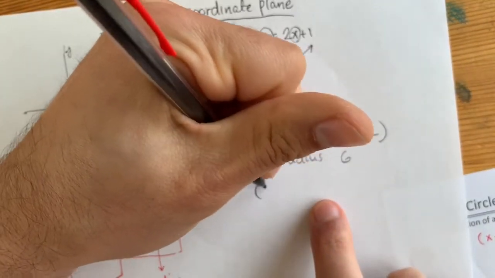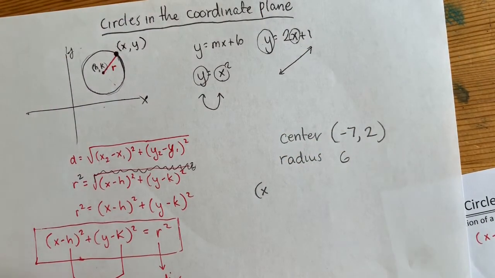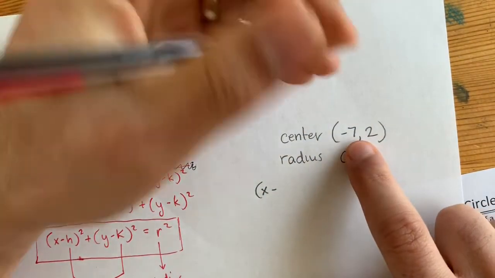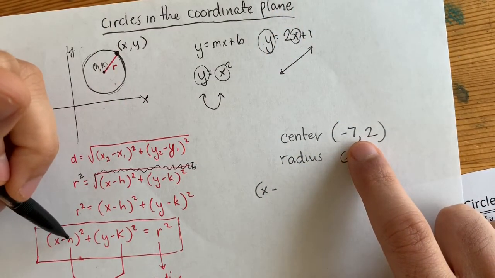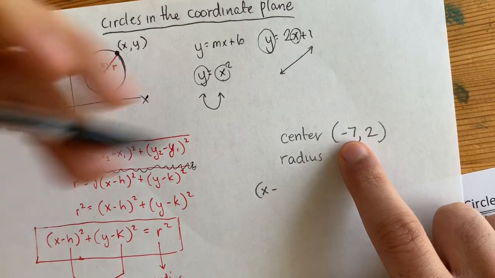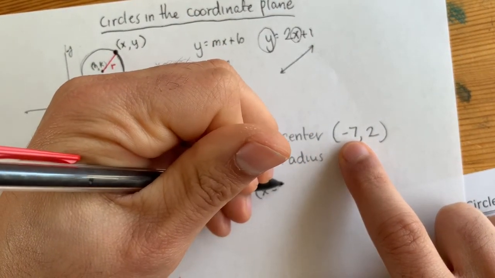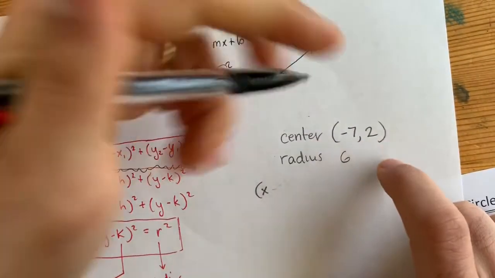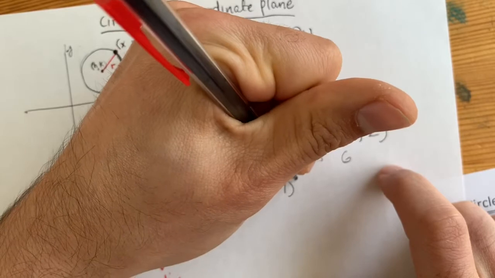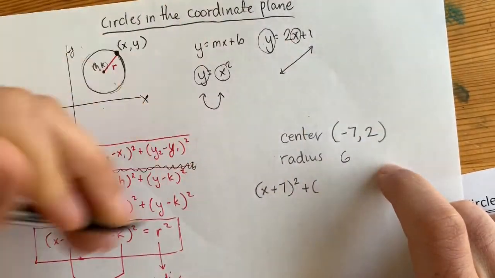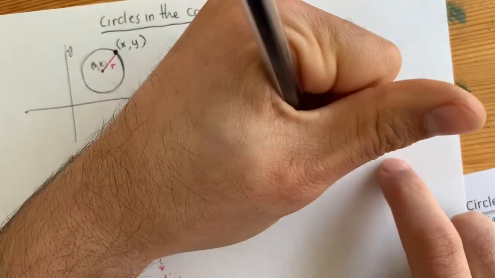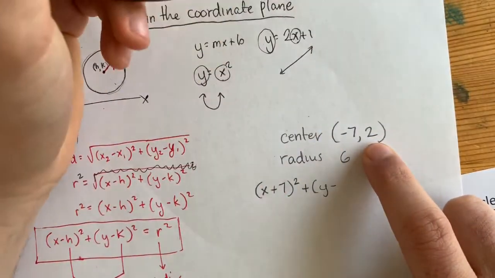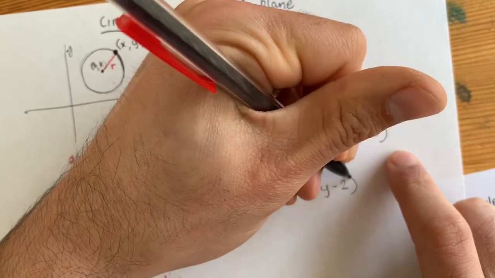So I'm going to leave the x as x, but I plug in the h value from the center point. So that's x minus h. h is -7, so it's x minus -7, which changes to +7, the double negative, squared, plus y, which you just leave as y, minus k, the center y value, 2 squared.